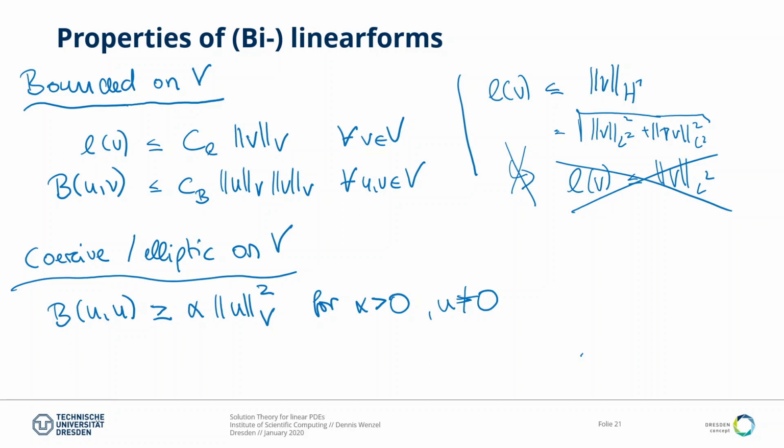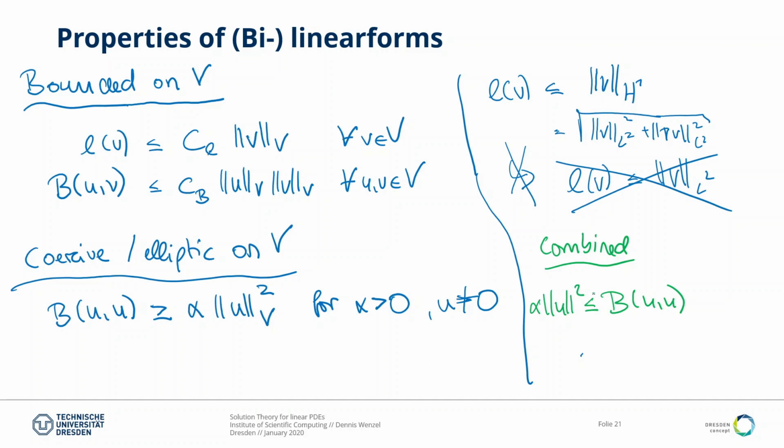And well, if you think about it, if you have some bilinear form that is bounded and coercive, then in the combination, let's write this a bit differently, this means that from below you can bound your B of U and U by alpha times the norm of U squared, and from above you can bound it by C_B times the norm of U squared, because if you plug U and U into the bounded condition here, then you also get the norm of U squared.